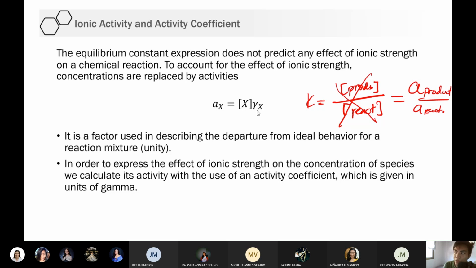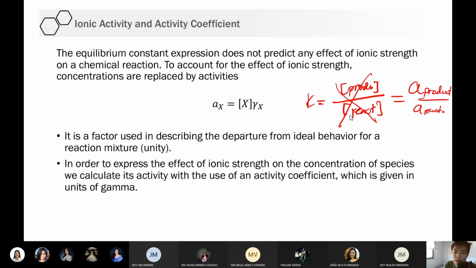Without the diverse ions, your gamma is equal to unity, that means it is equal to 1. However, when we add diverse ions, gamma decreases, or gamma departs from ideality.